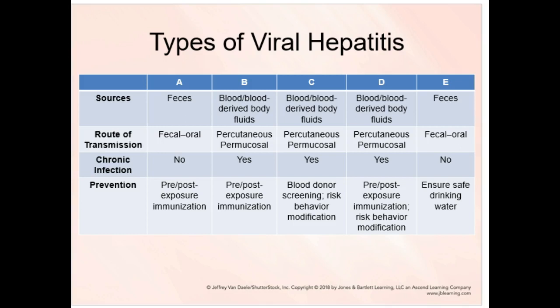B, C, and D are blood or body fluid derived. These can lead to chronic infections, and you can see the list down below of prevention that you can do in these types. What I want you to mostly remember is which are fecal oral, which are blood or body fluid derived, and which turn into chronic, which is your B, C, and D.